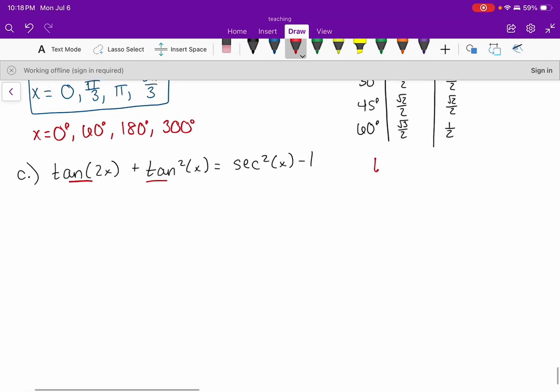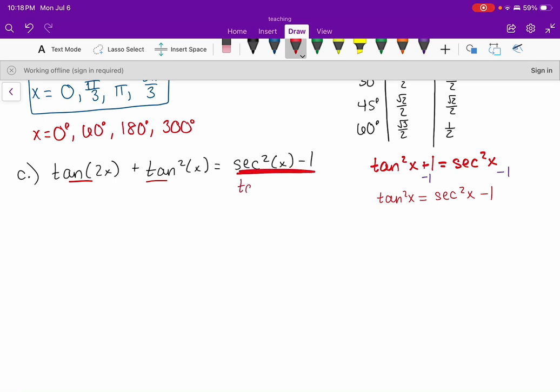So that identity says tangent squared x plus 1 equals secant squared x. If I move this 1 over to the other side, I get that tangent squared x is equal to secant squared x minus 1. So that means this right here is just tangent squared x.